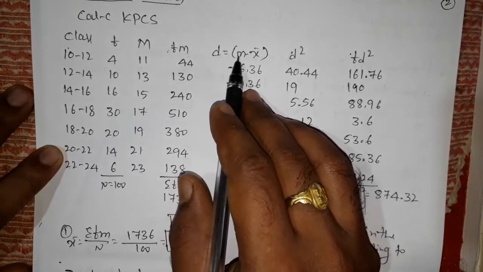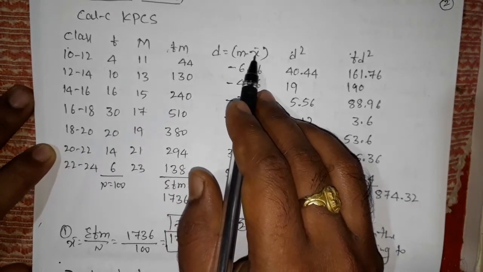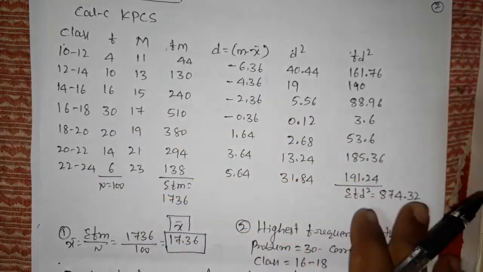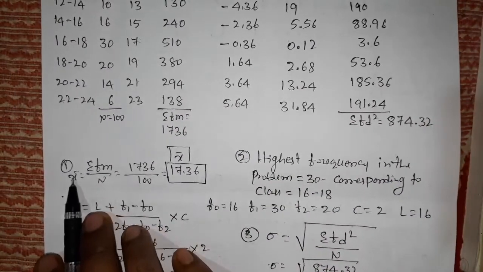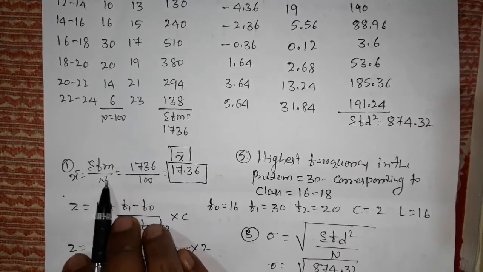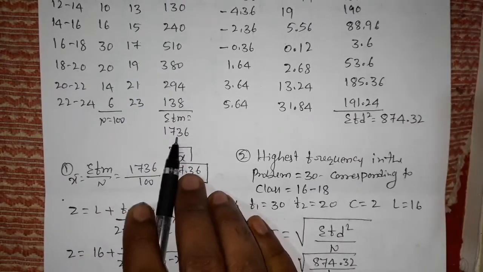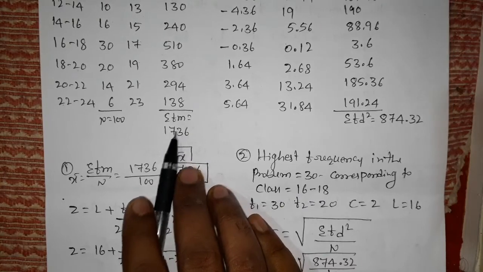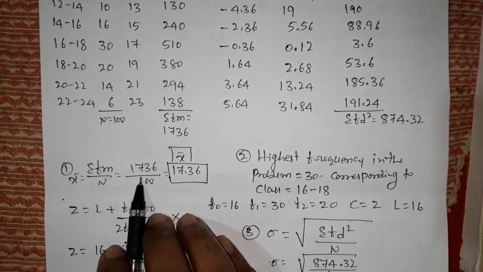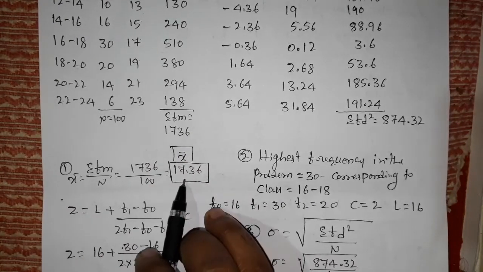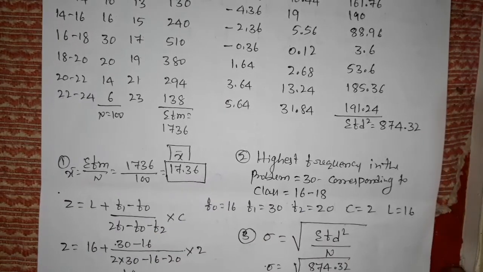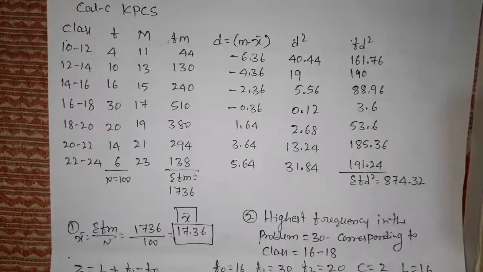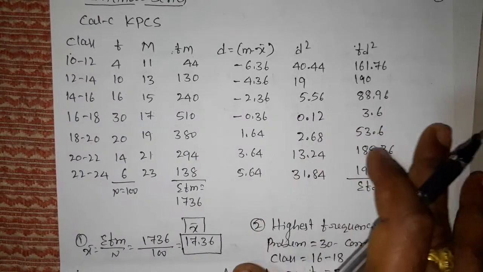D is M minus X bar. We need to find X bar, the mean. X bar is equal to sigma FM divided by N, that is 1736 divided by N, which is 100, so you will get 17.36. We can't use the assumed mean here, because it is not an individual or discrete series.